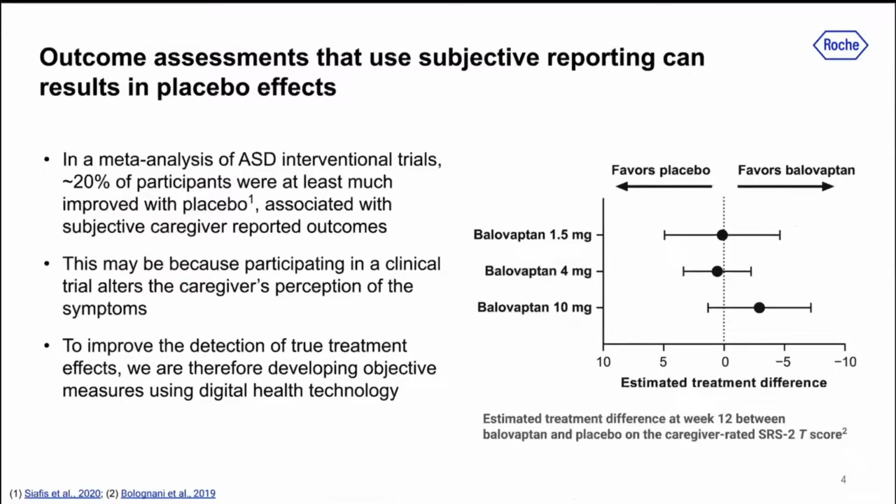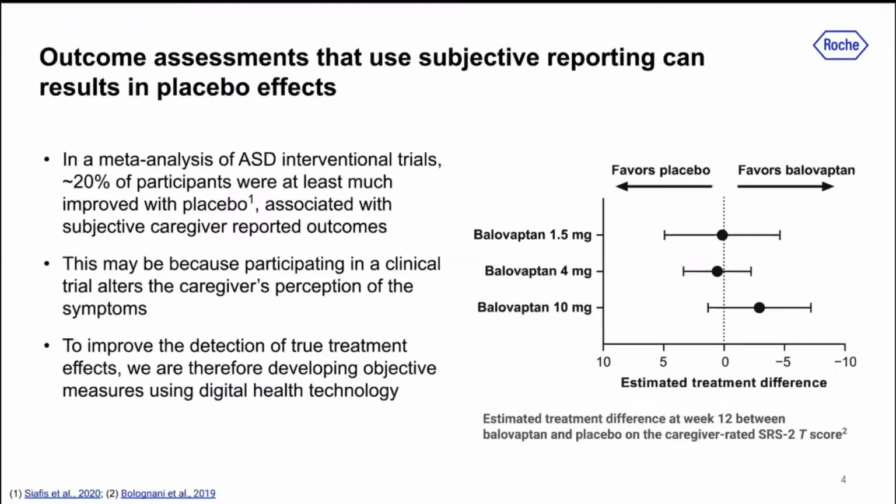One of the core challenges in doing that is to measure the effects of the treatment. The typical way to measure the clinical benefit is to use an outcome assessment, either asking the participant to report on changes or asking a caregiver to report on the patient's symptoms.